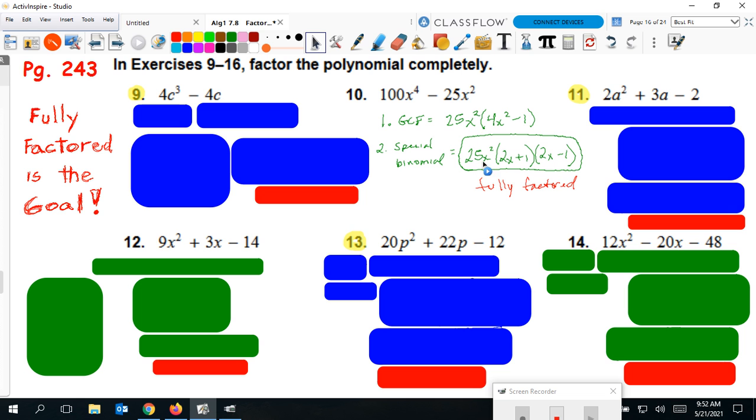Okay, number 12. Let's try number 12. It's a trinomial, and is it in standard form? We can see, yeah, it's in standard form. So in this case, there is no GCF. We're going to have to be doing the star method for this. So we'll need to use the star method to be able to do this one.